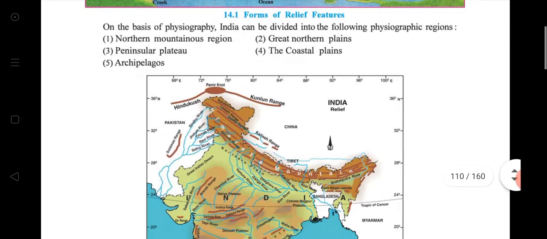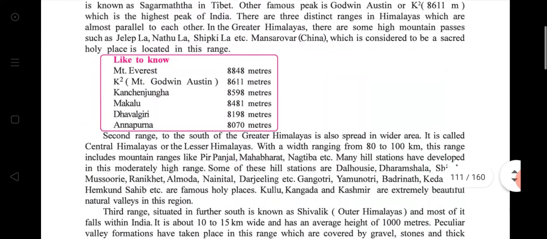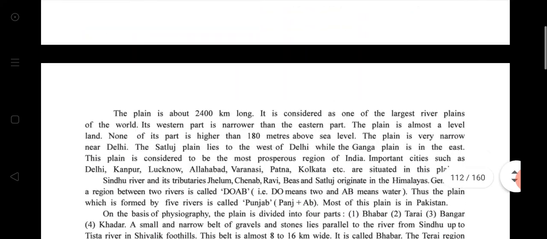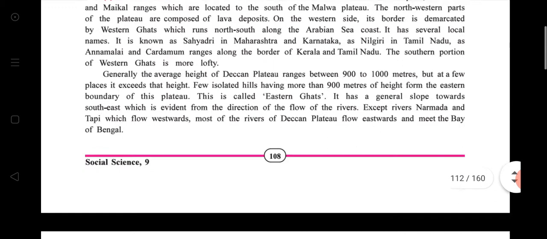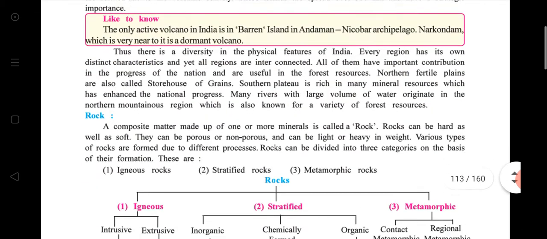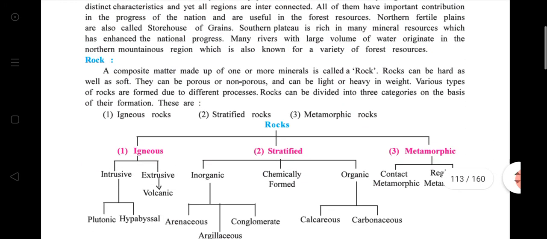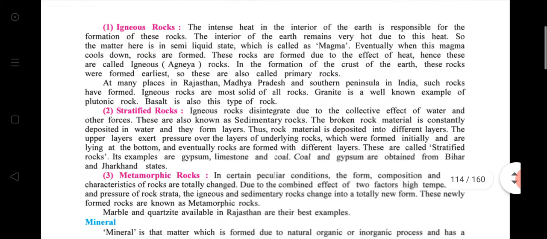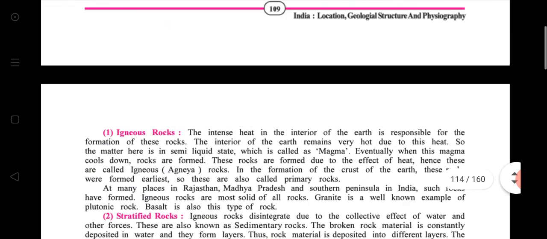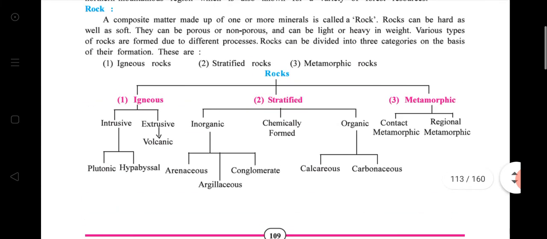In this chapter, we have started from page number 109. The topic is rock in the first lecture. In the first lecture, we did rocks and minerals. In rock, we learned about the three types of rocks: stratified, metamorphic, and igneous.